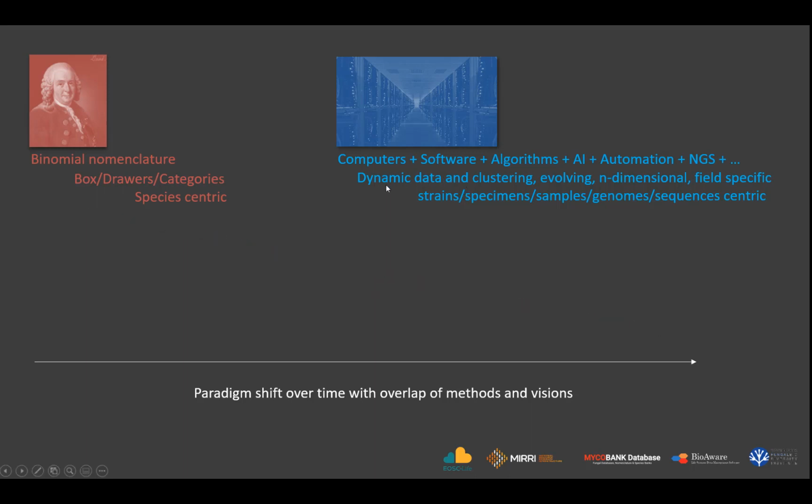And so you can see that with a modern system, data can be used in plenty of different ways to test hypotheses and to draw conclusions. And we can work with an n-dimensional system, while the drawers are probably unidimensional or two-dimensional, or in the best case scenarios, 2 or 3 dimensions, but not more.